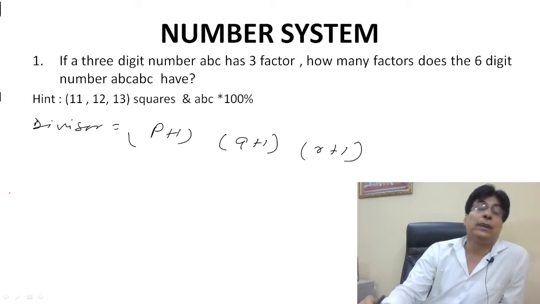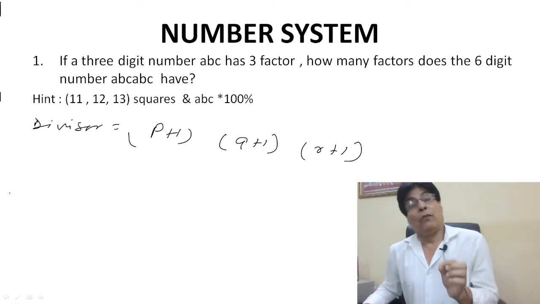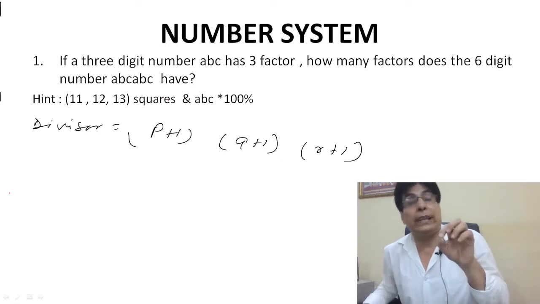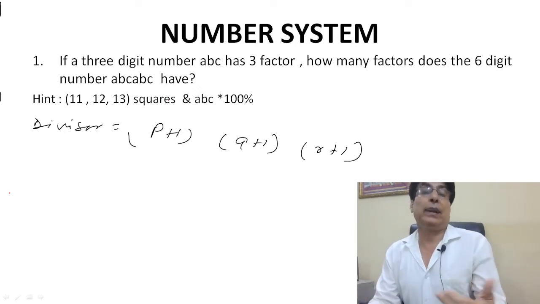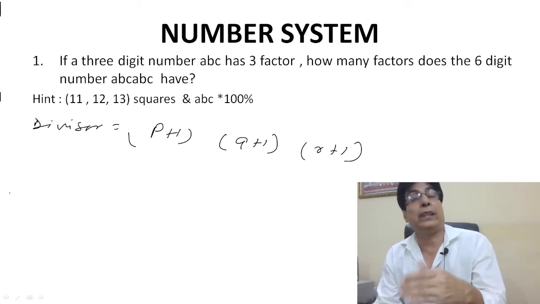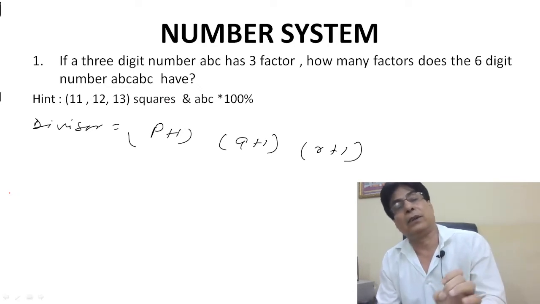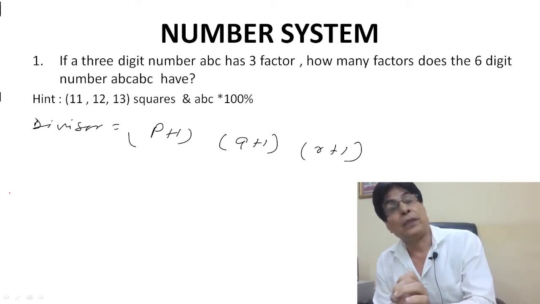It means you add 1 to the exponents of each prime factor, and then multiply them together, and the product is the number of divisors of the given number.